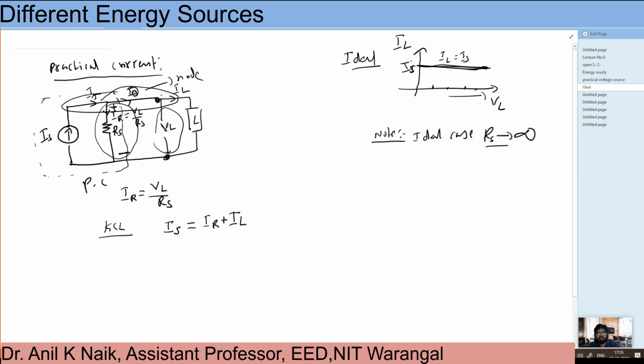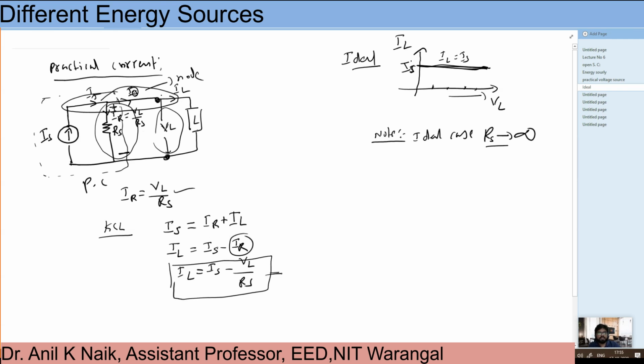I can write IL is equal to IS minus IR, so IL equals IS minus VL by RS. This is the equation we are getting.